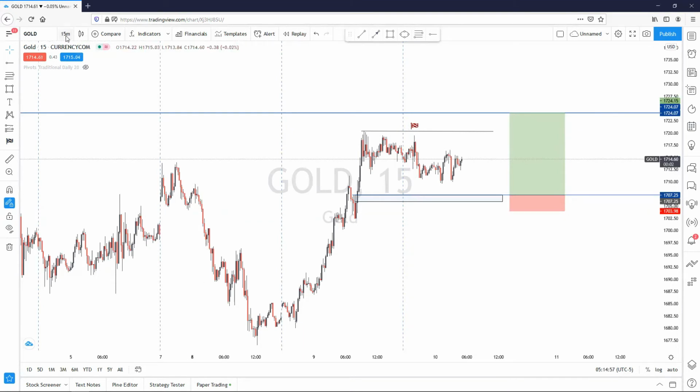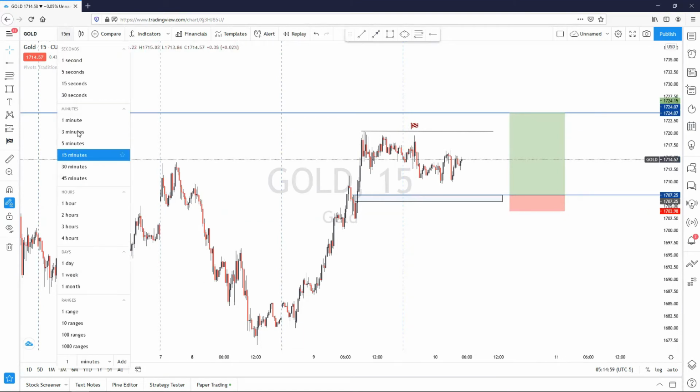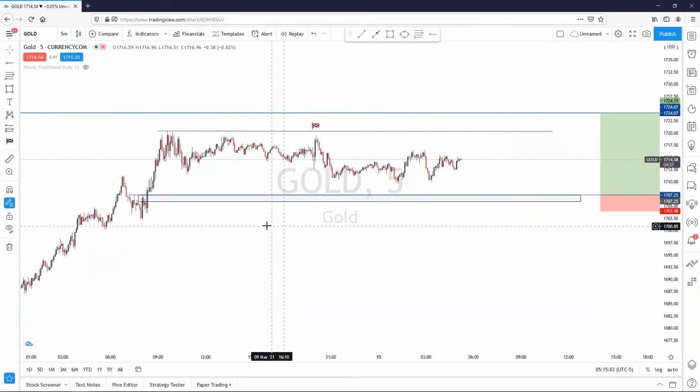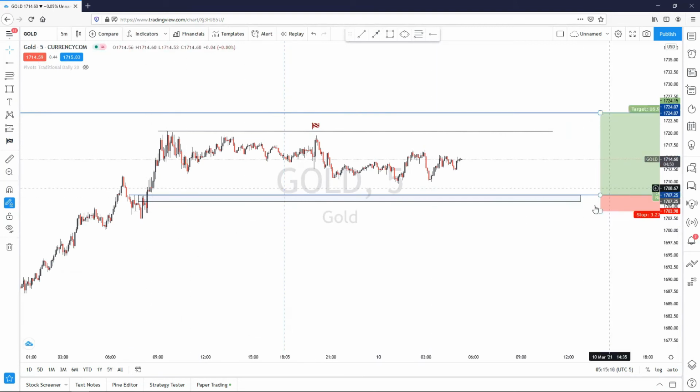So, but for the purpose of this, let's just go to the 5-minute time frame and see if we could make this a little bit more precise. So right here, you can see our entry could still be taken, we could get the entry here.